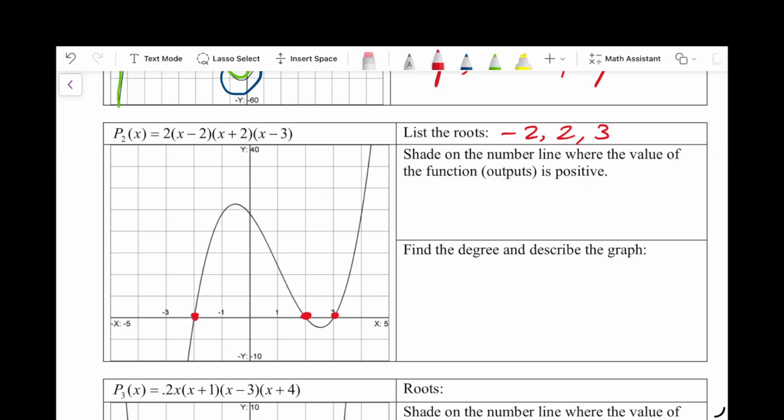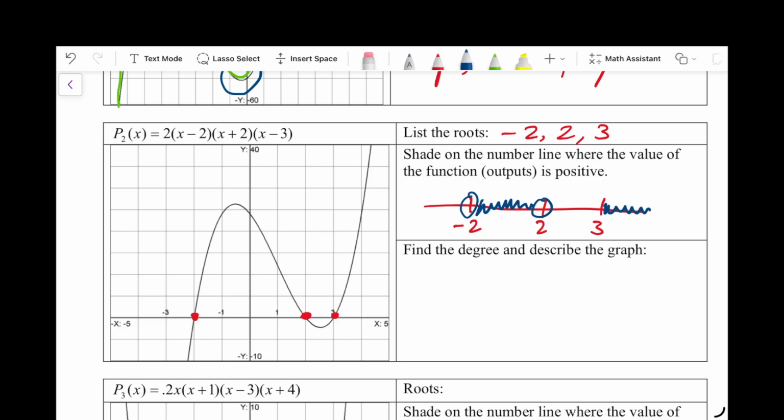Let's put those on a number line. Oops. Try that again. -2, 2, and 3. Where is it positive? After -2, but before +2. And then after 3.